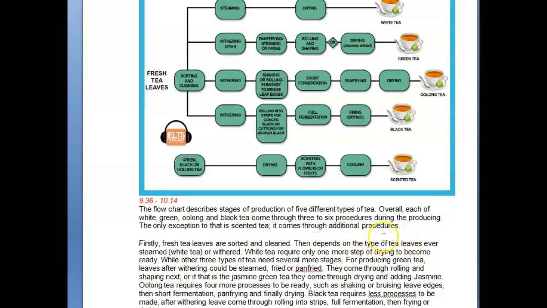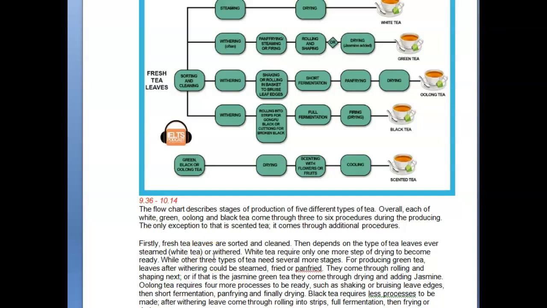Then, depending on the type of tea, comma, leaves are steamed or withered. I see what you're saying. All right, this is really awkward. Let's see how you go with it.